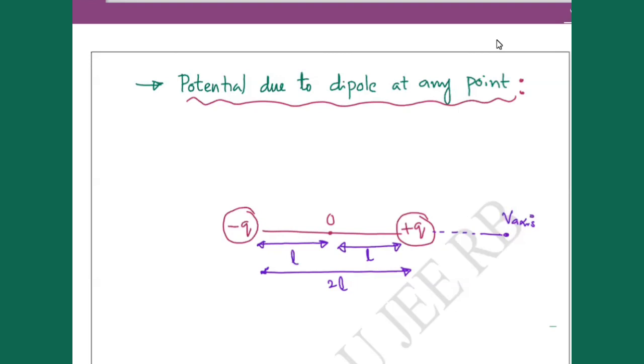Next, V on the equatorial, that is the perpendicular bisector. Already we calculated V axis. Can anybody tell what is V on the axis?